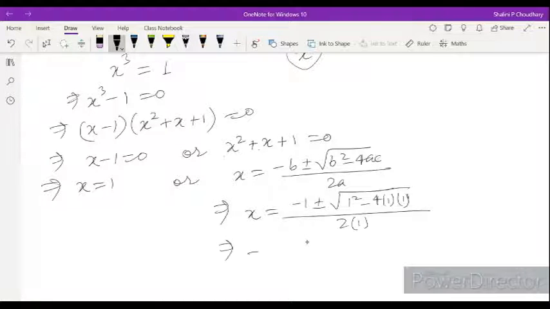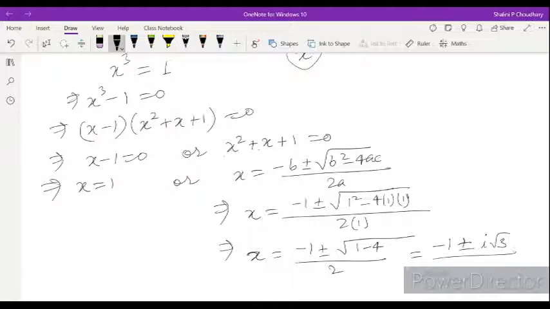So minus 1 plus minus square root of 1 minus 4, divided by 2. 1 minus 4 we can also write as minus 3, and square root of minus 1 will be equal to i, and square root of 3 as it is we will write here.